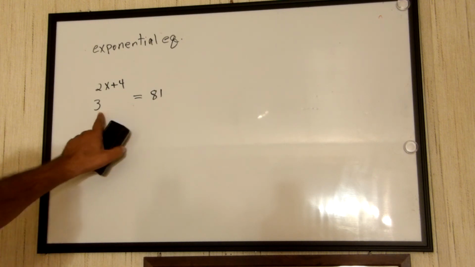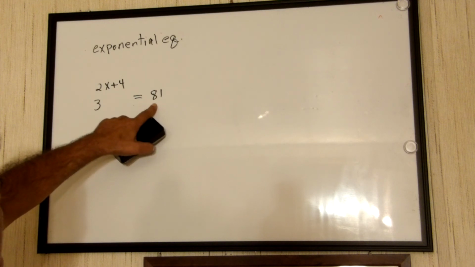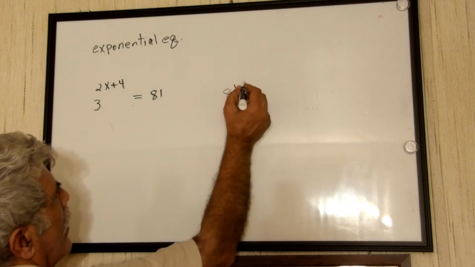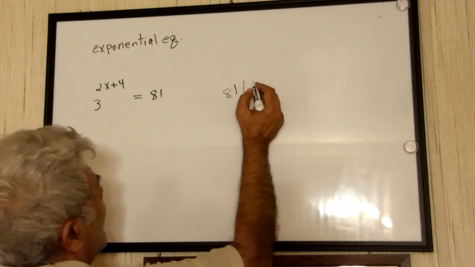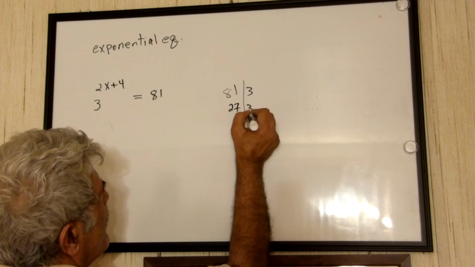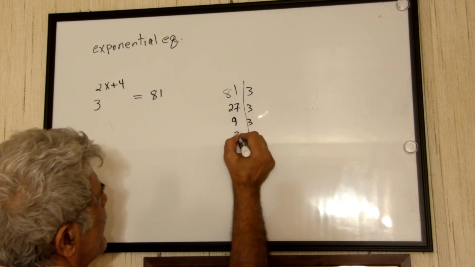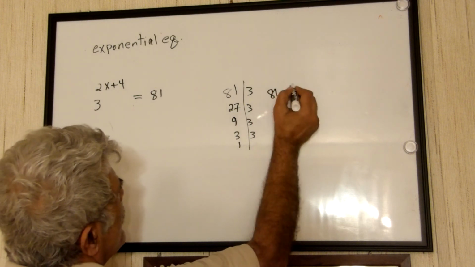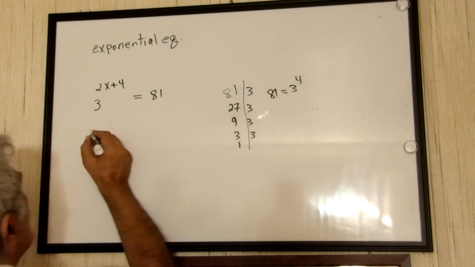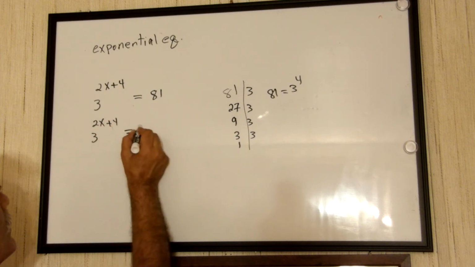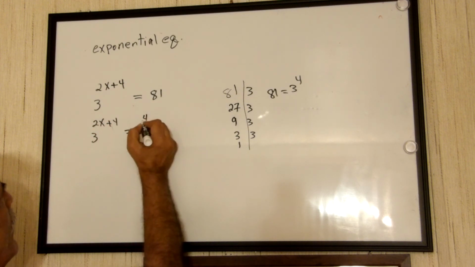We can make both sides base 3, because 81 divided by 3 is 27, divided by 3 is 9, divided by 3 is 3. So 81 is equal to 3 to the power of 4. So we say 3 to the power of 2x plus 4 is equal to 3 to the power of 4.